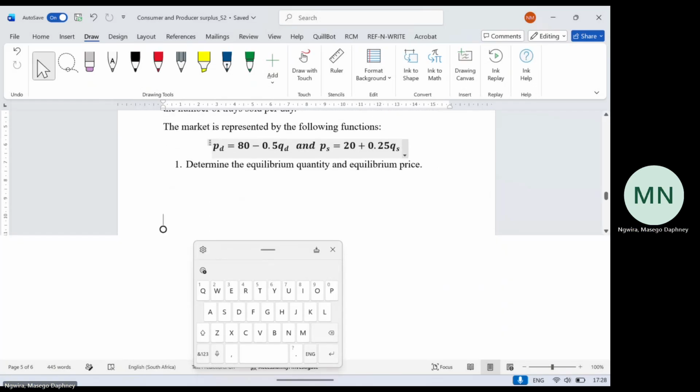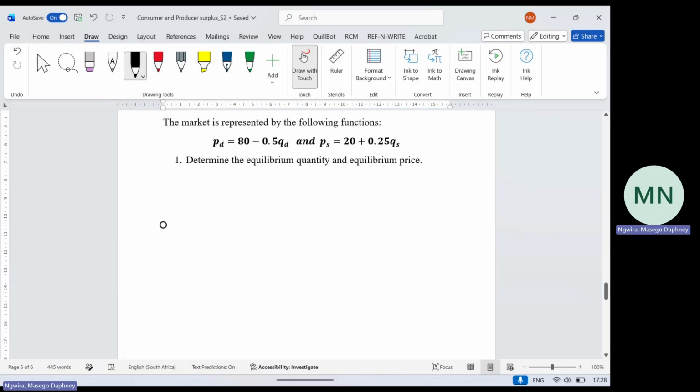The first question says, determine the equilibrium quantity and equilibrium price. Now you know that for equilibrium quantity and equilibrium price, we equate. So we are going to equate PD equals PS.